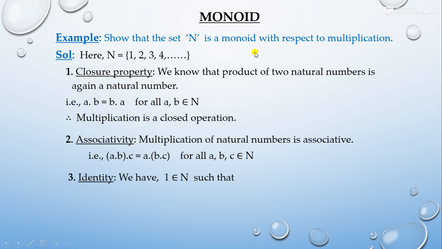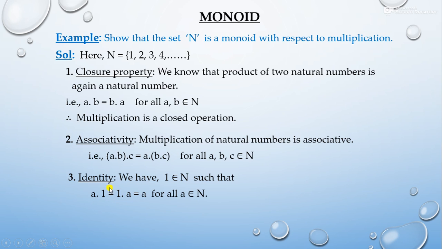Now for the monoid, the third thing is that we must have an identity. So suppose we take 1 belongs to N, right? 1 is a natural number, such that if we take any element a from the natural number set N, then a multiply 1 is equal to 1 multiply a, and this is equal to a, obviously.